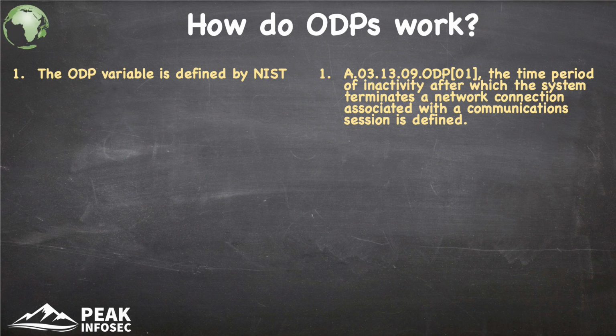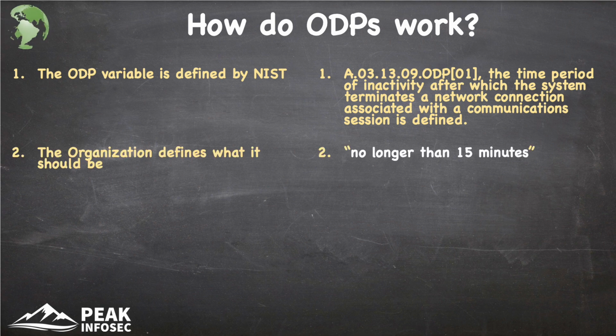We'll use this example as we keep going through. So they've defined that's the ODP. The next step is the organization needs to define what it should be. In this case, no longer than 15 minutes is what the Department of War has currently defined as the definition for that ODP.